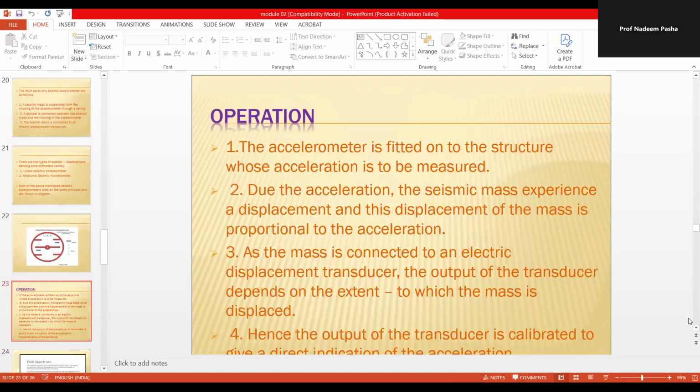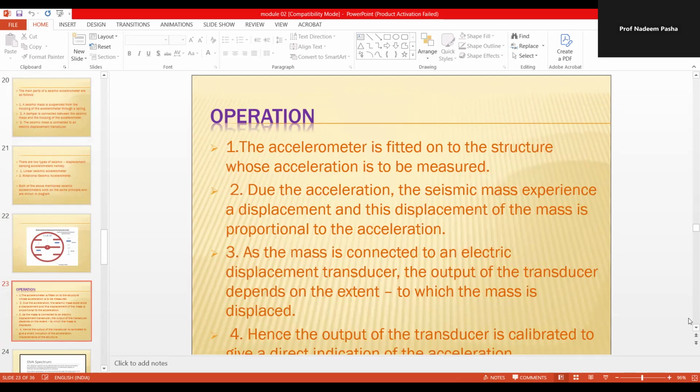Now the operation, how the accelerometer works. The accelerometer is fitted onto the structure whose acceleration is to be measured. Due to the acceleration, the seismic mass experiences a displacement, and the displacement of the mass is proportional to the acceleration.